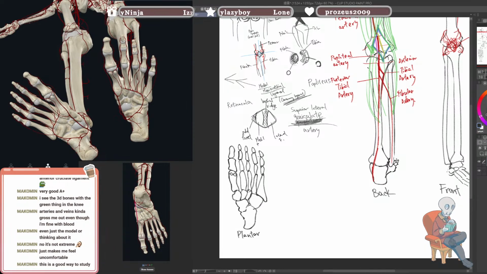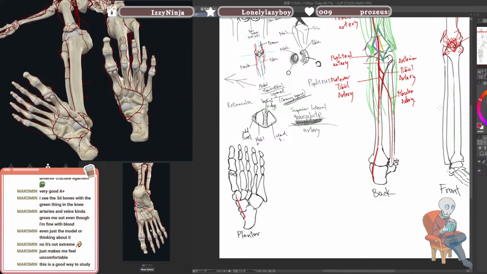Alright, and it seems that there is an artery over here. This part, just this part, right? Right, it's just talking about this part. Let's see. It's plantar.